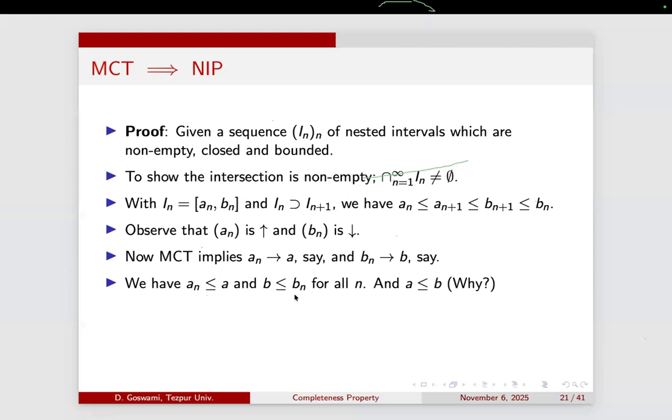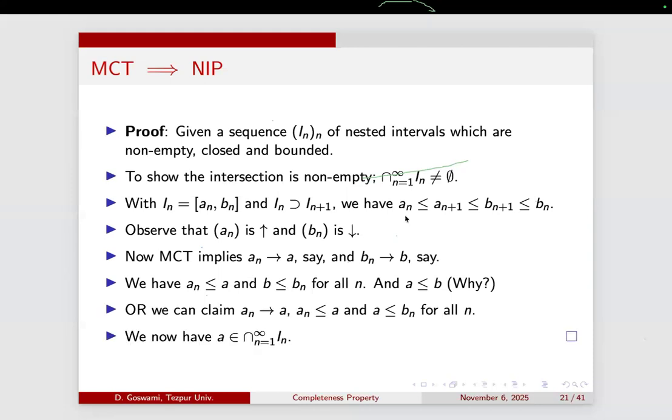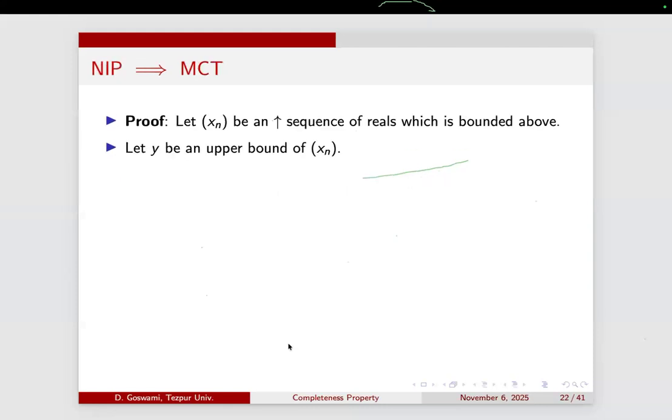And so a and b are in each of the I_n. So it is also in the intersection. Even if we do not consider b, then also we can show that a belongs to this intersection. So the intersection is non-empty. MCT implies NIP.